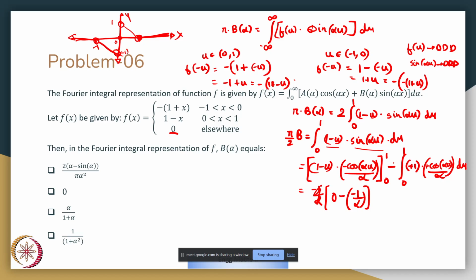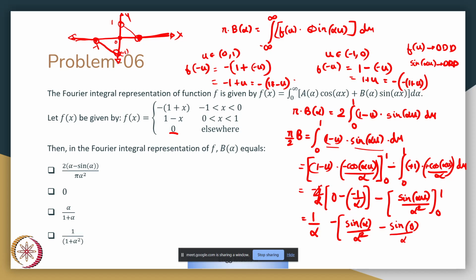And now we want to integrate cos of alpha u du, which is nothing but sine of alpha u by alpha square. The limits are 0 to 1. So this is 1 by alpha minus sine of alpha u at u equal to 1, so sine of alpha by alpha square, minus sine of alpha u when u equal to 0, which is nothing but 0 over alpha square. So this term should vanish.